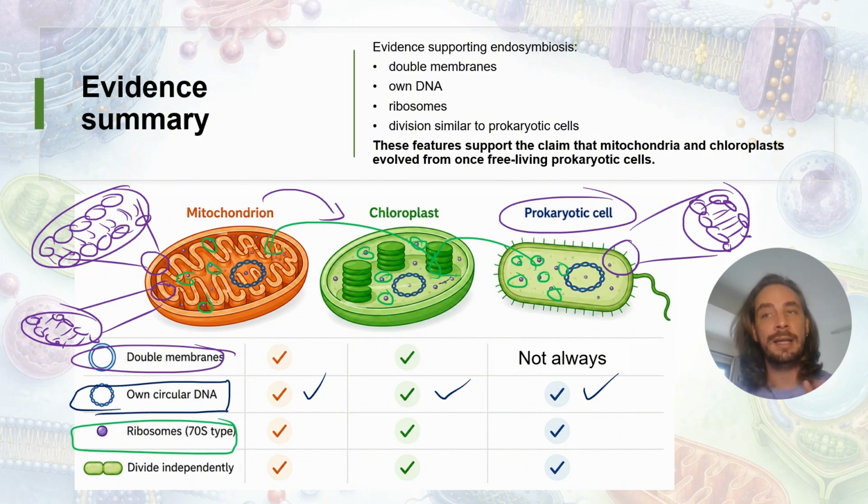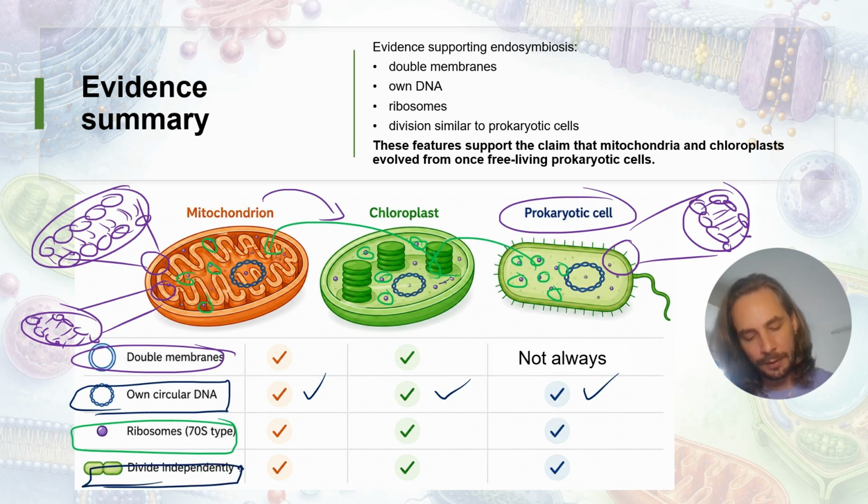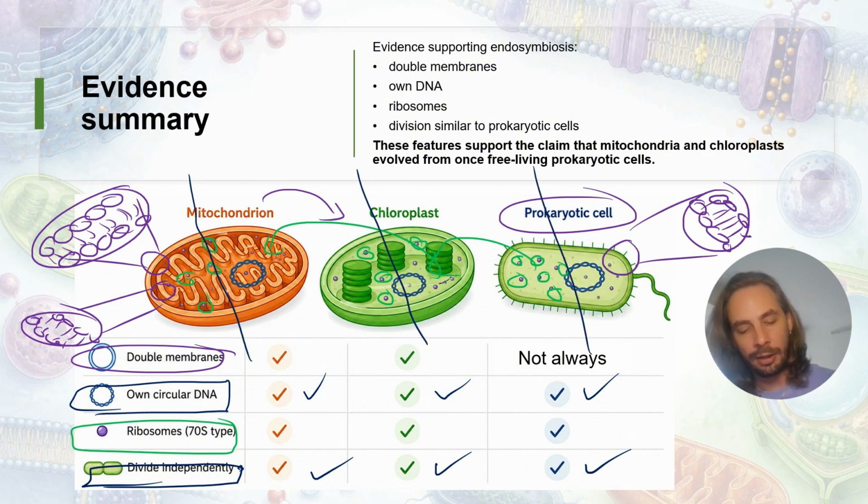And then finally, they divide independently. The mitochondria, chloroplasts, and prokaryotic cells all divide independently, using the same process of splitting in half, which we call budding.